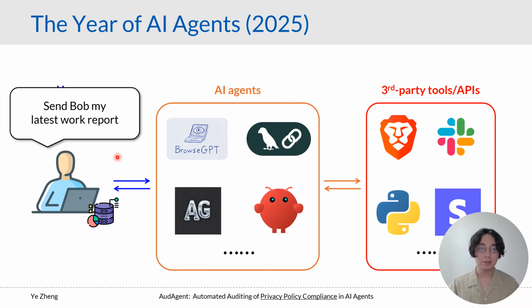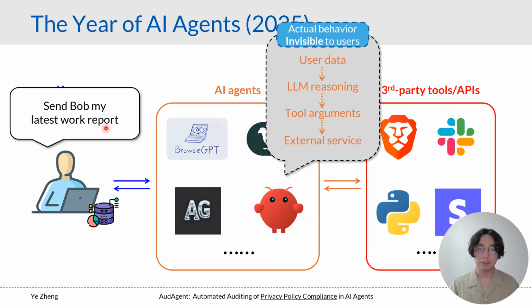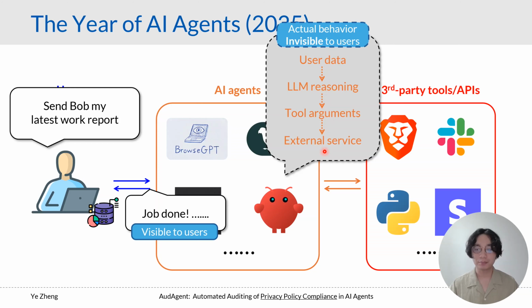For example, the user may prompt, "Send Bob my latest work report." Then their AI agent will plan the task using user data, use LLM reasoning to generate arguments, call external services to finish this task, and finally return a response to the user about the task result.